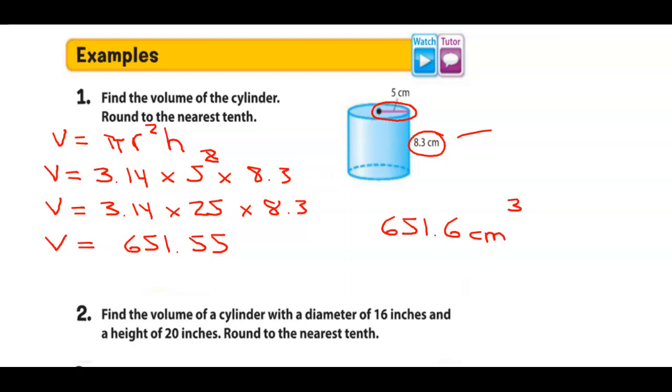Okay, there's one thing I want you guys to be aware of here. 3.14 times 25 times 8.3 will give us 651.6 after we round it. Now pi, if you're using the pi key, is 3.1415926, and it just continues on. So it's a little bit larger than 3.14.